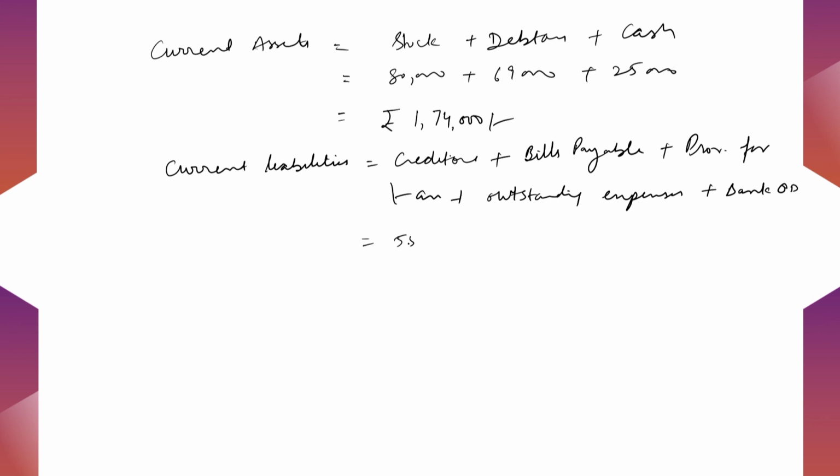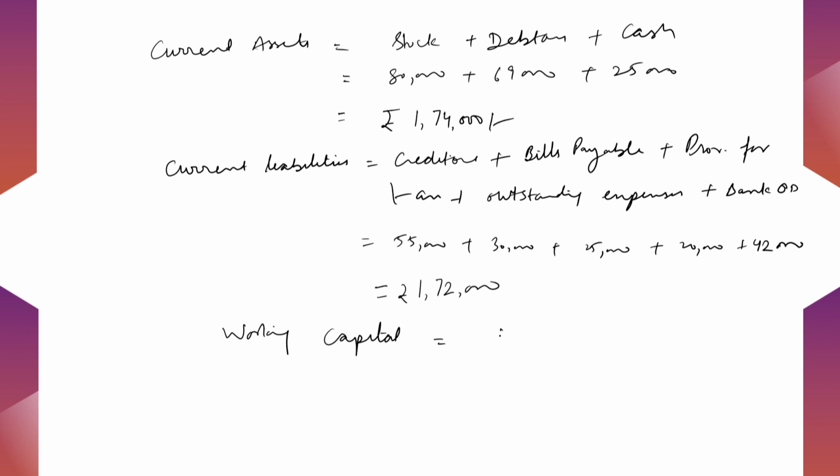So, putting up the items: 55,000 plus 30,000 plus 25,000 plus 20,000 plus 42,000. So we got the total of 1,72,000 as current liabilities. So our working capital will be 1,74,000 of current assets minus 1,72,000 of current liabilities. So our working capital is just rupees 2,000.